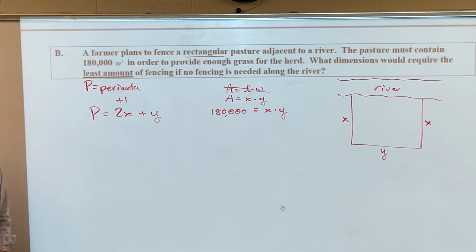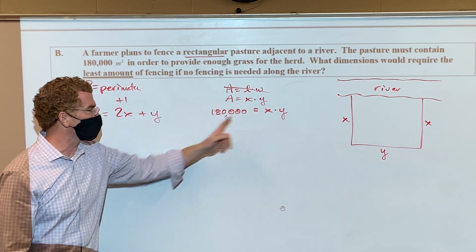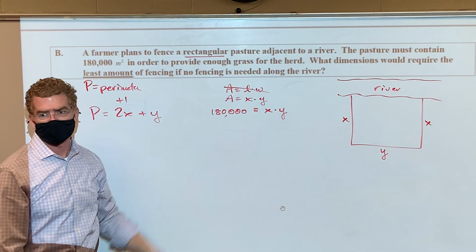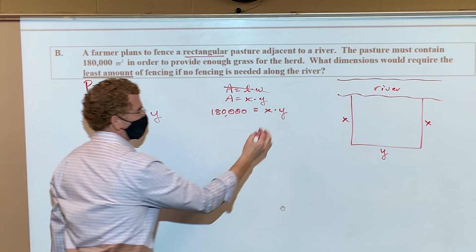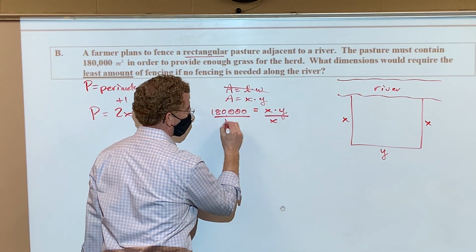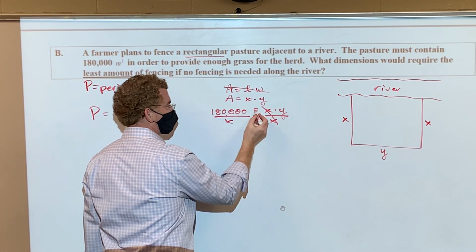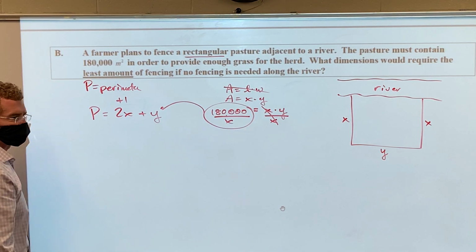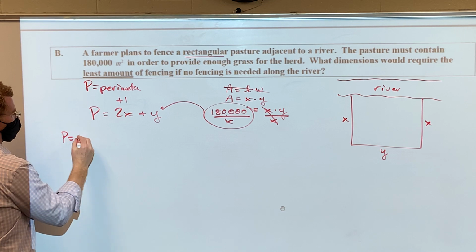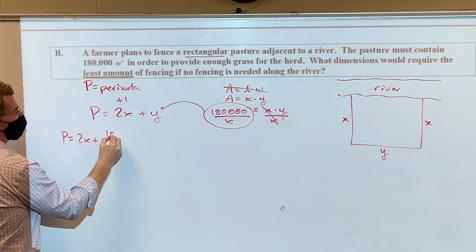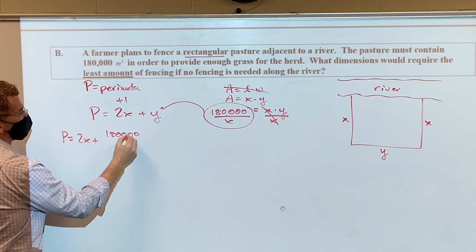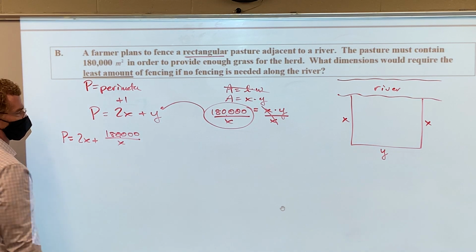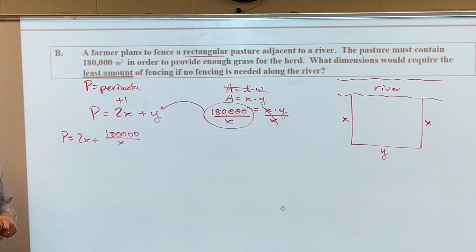And that allows me to solve for the variable I don't want and replace it with the variable I do want. So, let's solve for y. And I'm going to replace that y, which is this, right here. So here we go. Perimeter is 2x plus 180,000 over x. Y'all with me so far?